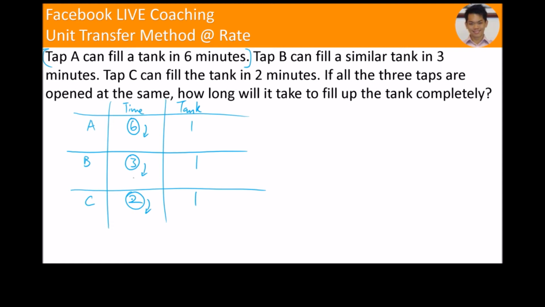We'll multiply B by 2. So its progress would also be multiplied by 2 because it is directly proportional. For tab C, we have to multiply this by 3, so now it becomes 6. And we also have to multiply the tank progress by 3.